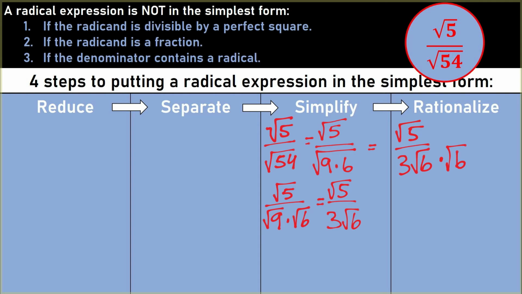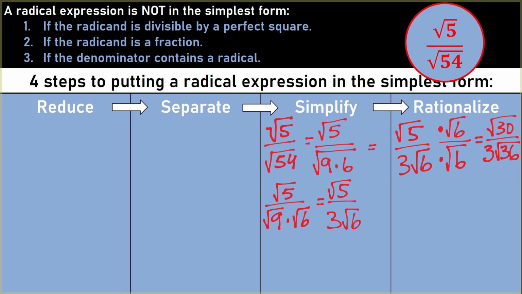But we know from every fraction problem that if we multiply the bottom by root 6, we have to multiply the top by root 6. And so I will rewrite the problem. Radicand 5 times radicand 6 is radicand 30. And 3 times radicand 6 is 3 root 36.